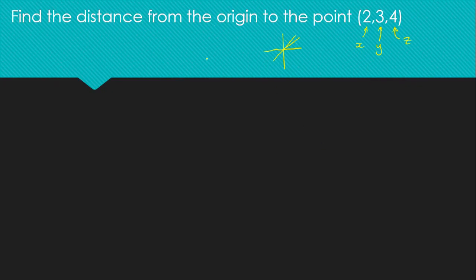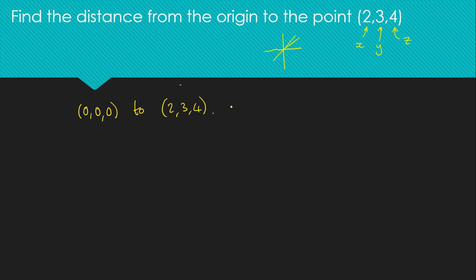So finding the distance from the origin to that point, we're finding the distance from 0, 0, 0 to 2, 3, and 4. Okay, sometimes that's called the magnitude, but in this case we're going to call it the distance.